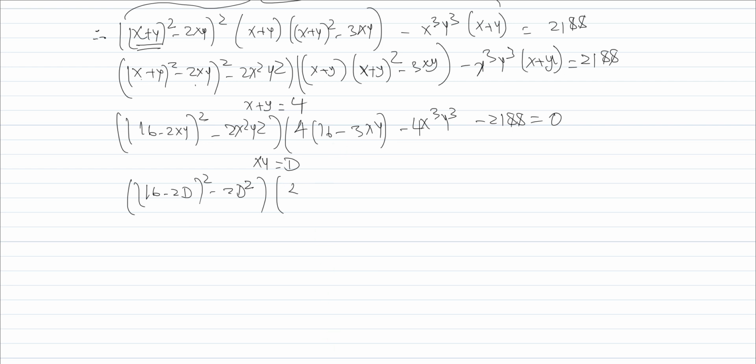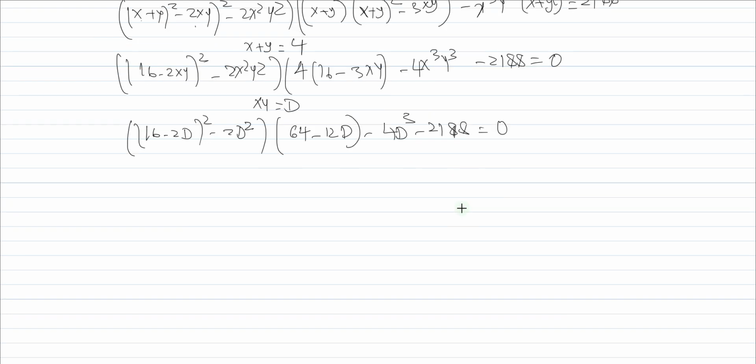Let me just write this. This is going to be 64 minus 12d, minus 4d cubed, minus 2188, and this is going to be 0.